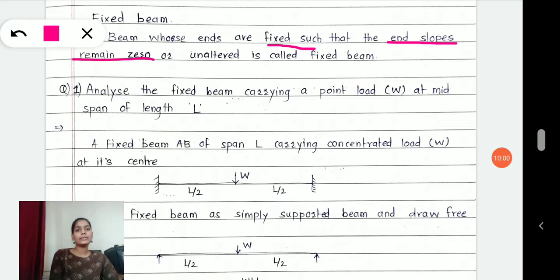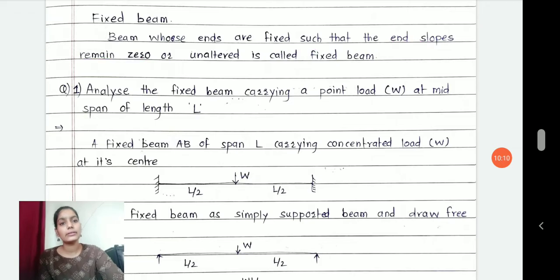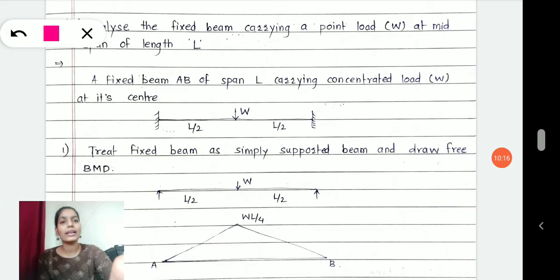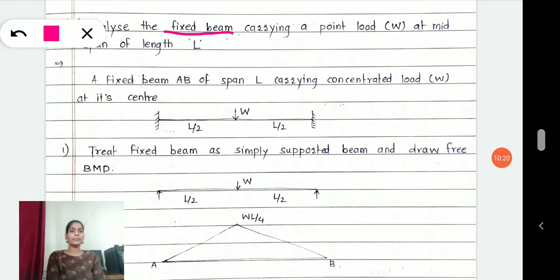Now, this fixed beam of span L carries a concentrated load W at its center. They want us to analyze this fixed beam, which carries a load W at its mid span, of total length L.